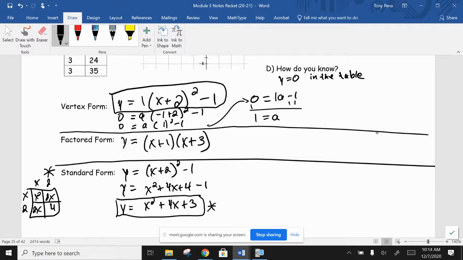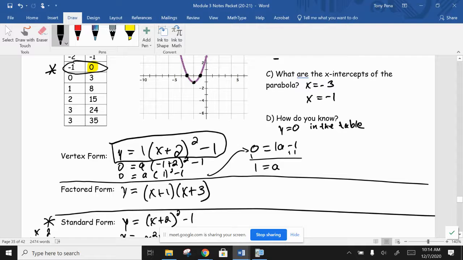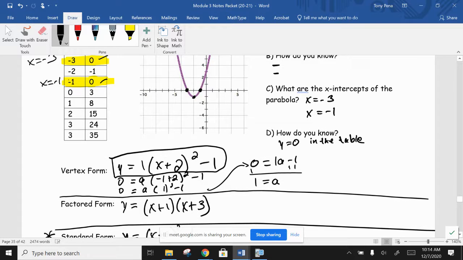Now, let's say we don't want to have to do this first. We actually could have done factored form a little bit easier. So let's go back up to here. Because if we just focus on the points that I have circled right now, let me highlight them. Notice how these are our y values of 0. So if our solution is x equals -3, and this solution would be x equals -1, wouldn't our factored form have had to have been x plus a 1 in order to produce this -1?